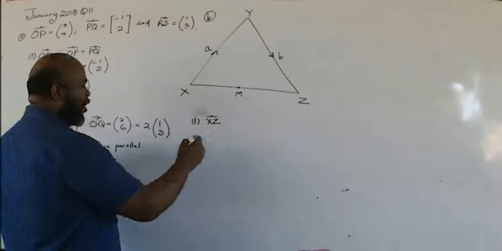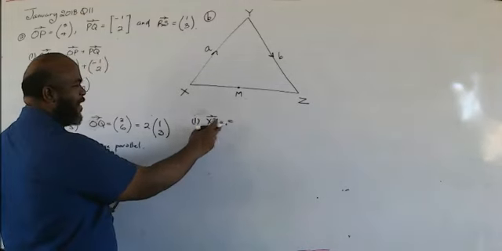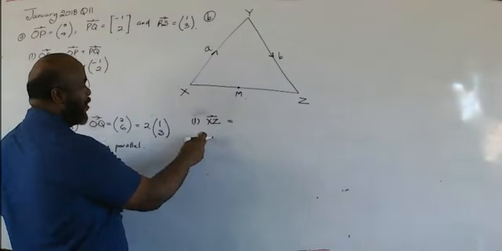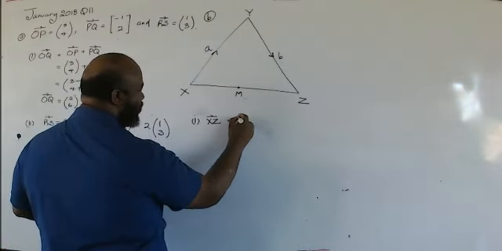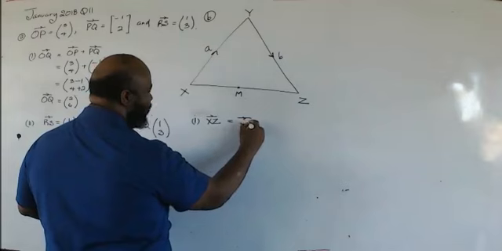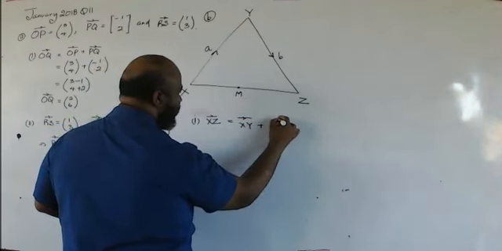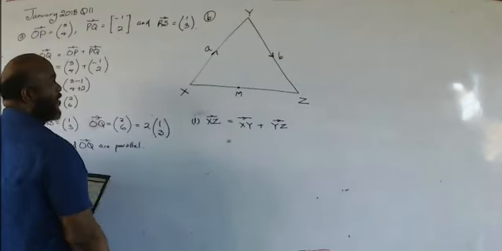The triangle law is: you start from X, end at Z, and the next letter must be in the middle. So XZ is equal to the vector XY plus YZ. What is XY? a.